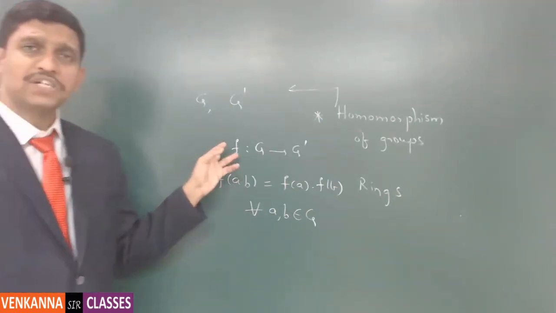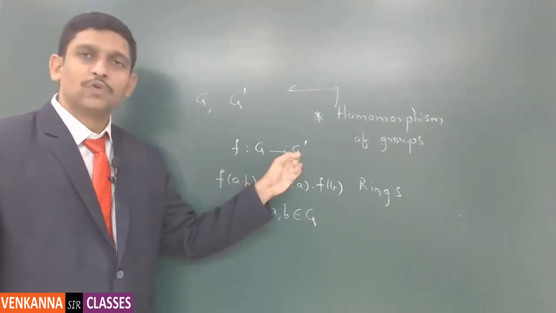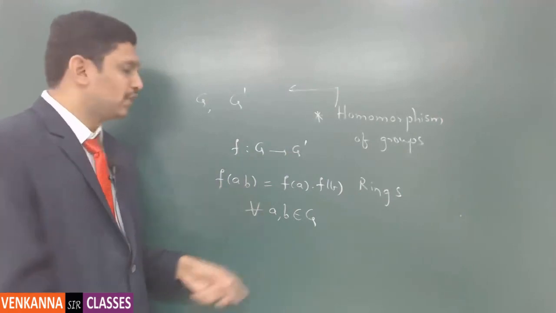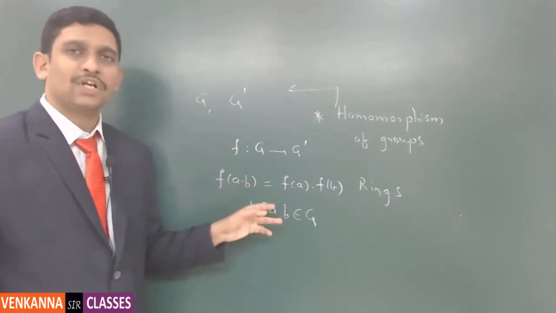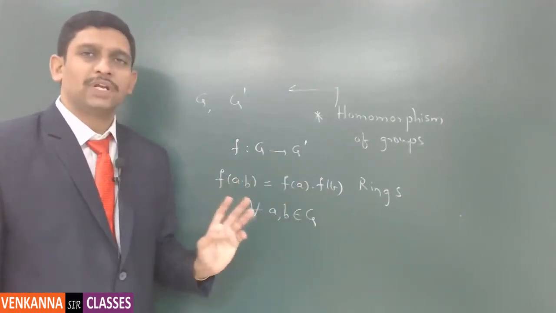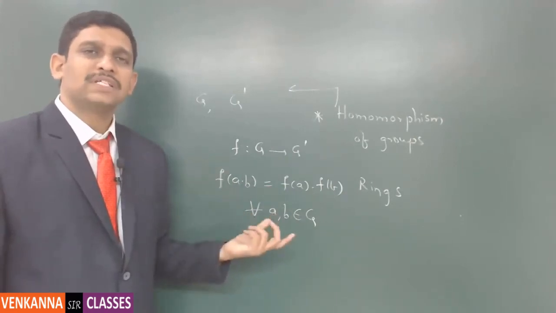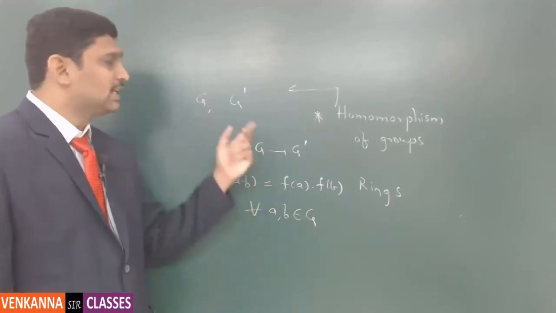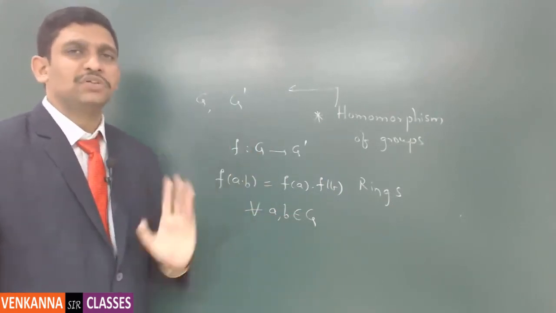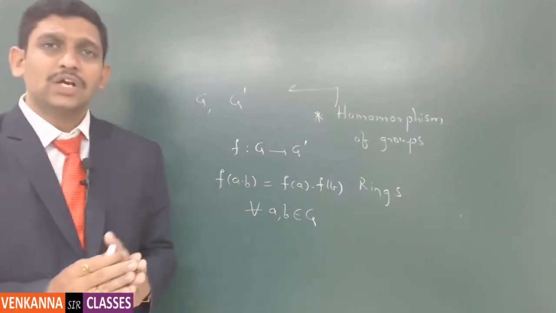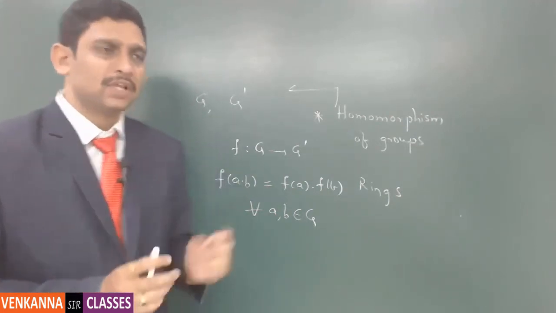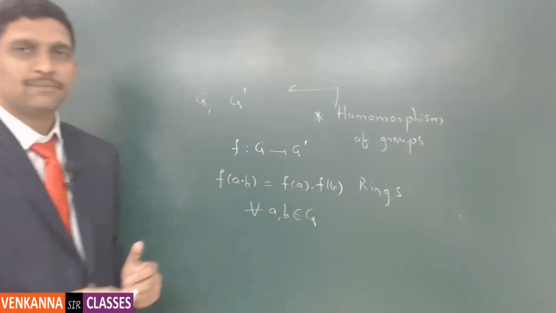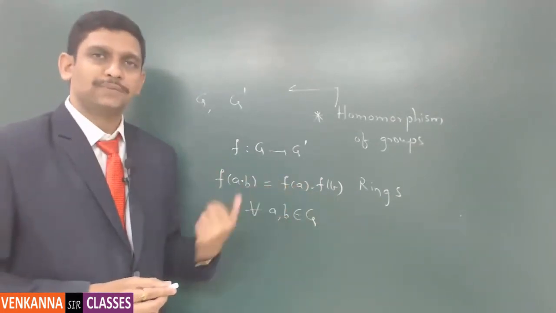If f is a function from the group G to group G dash, satisfying the condition that f of A dot B is equal to f of A dot f of B for every elements A and B taken in G, then we say that f is a homomorphism from G to G dash. Here we need to understand that the operation dot, what is mentioned here, should be clearly understood.